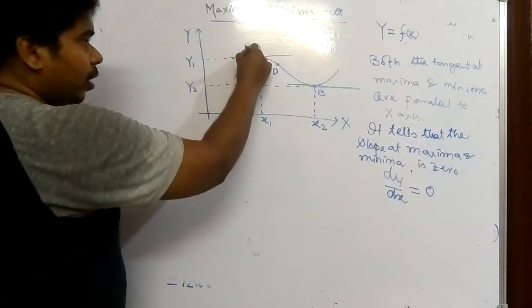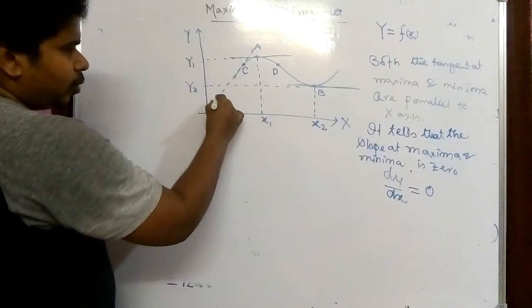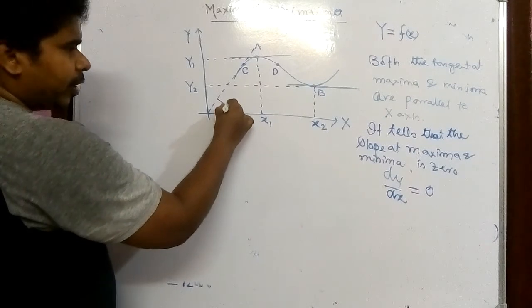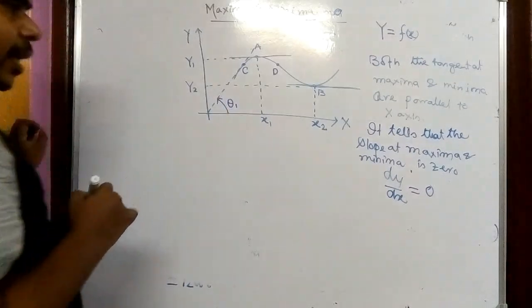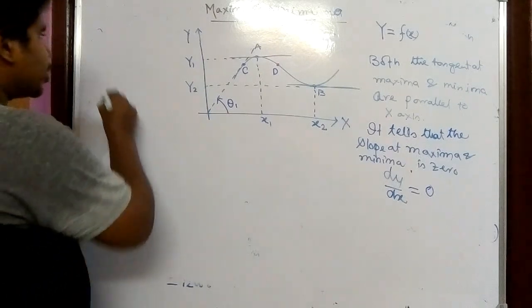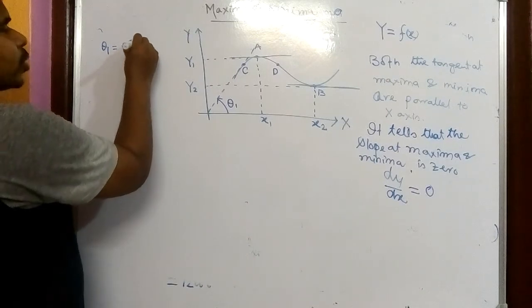If I draw a tangent at C, we will get a slope here. This is theta 1, and we can say this slope is positive. So theta 1 equals positive slope.